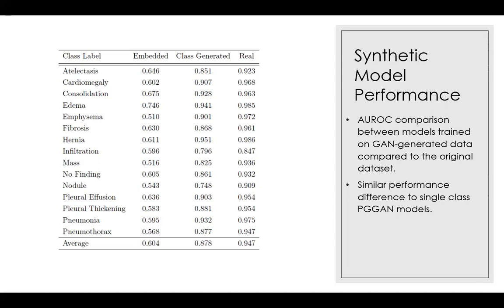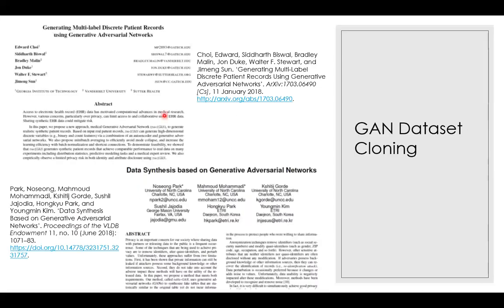The one example where they attempted to do that, which is this previous paper here, generating multi-label patient records, they used LSTM GANs to attempt to produce long-term coding for patients in terms of ICD coding, and it worked fairly well. So I think that needs to be expanded to more diverse data, not just the ICD coding.